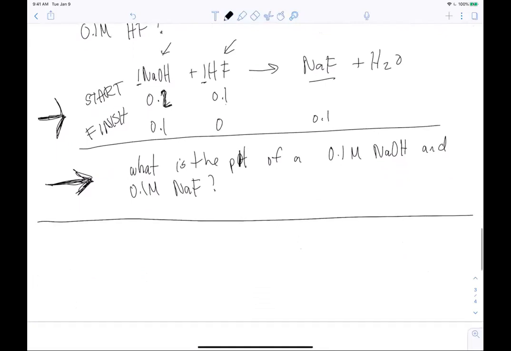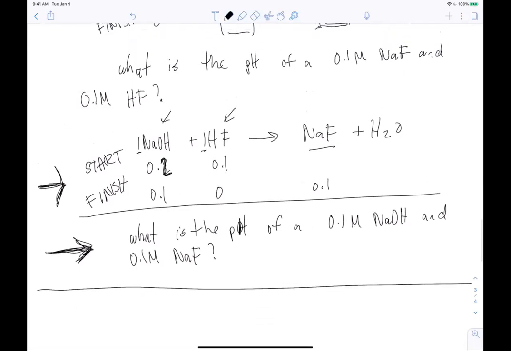Why is the sodium hydroxide in the second step 0.2 molar at the start and 0.1 molar at the end? If we just look at the chemical reaction here, we can think about this. This reaction is a recipe for making whatever is over here, and it tells me that I need 1 mole of sodium hydroxide for every 1 mole of hydrofluoric acid that I react with.